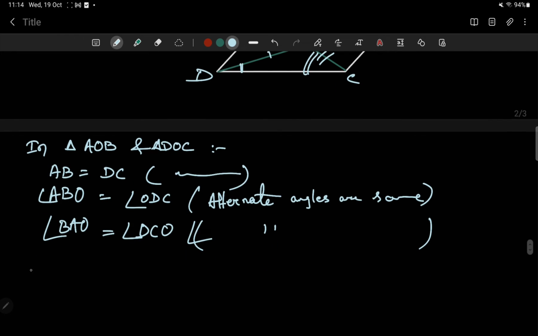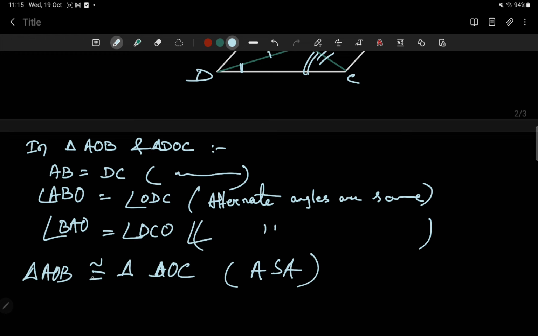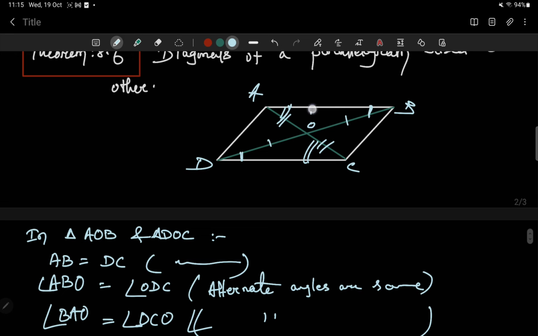So hence we can say that triangle AOB is congruent to triangle DOC due to ASA congruency. Hence we can say that AO equals to CO, BO equals to DO due to CPCT.